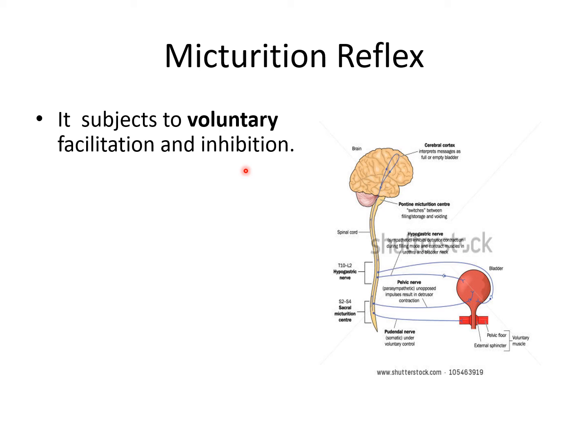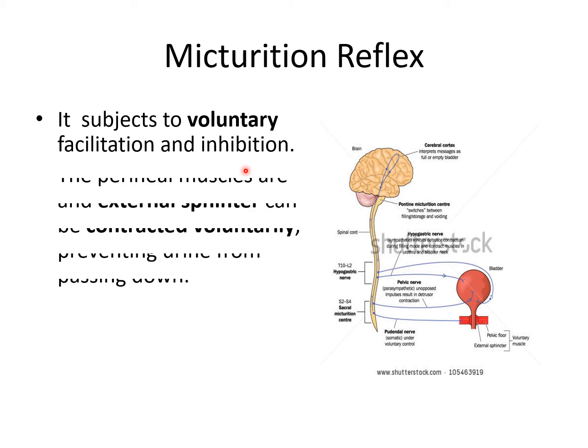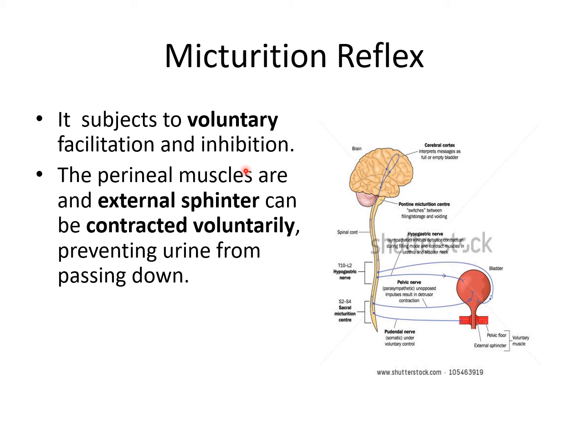We can voluntarily, forcefully void some amount of urine even when there is no sensation for micturition. So micturition is subject to voluntary control. It is facilitated and inhibited by our voluntary area, which is mainly the cortex of the brain.